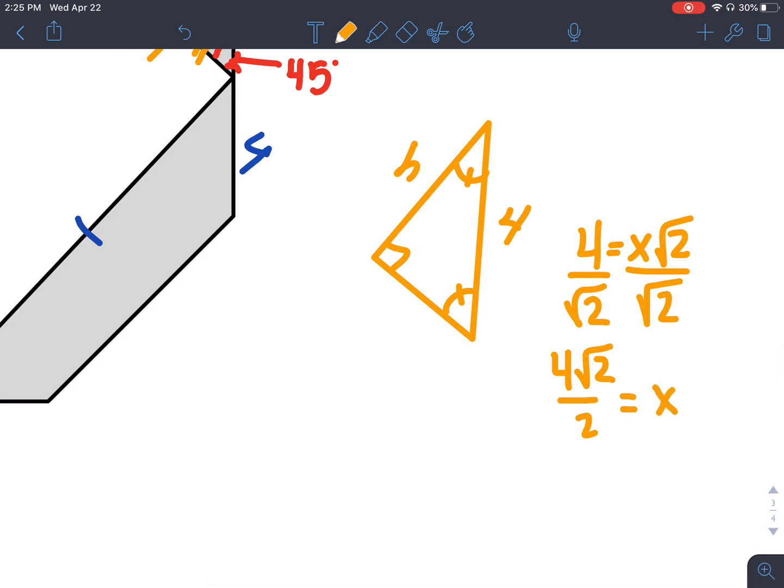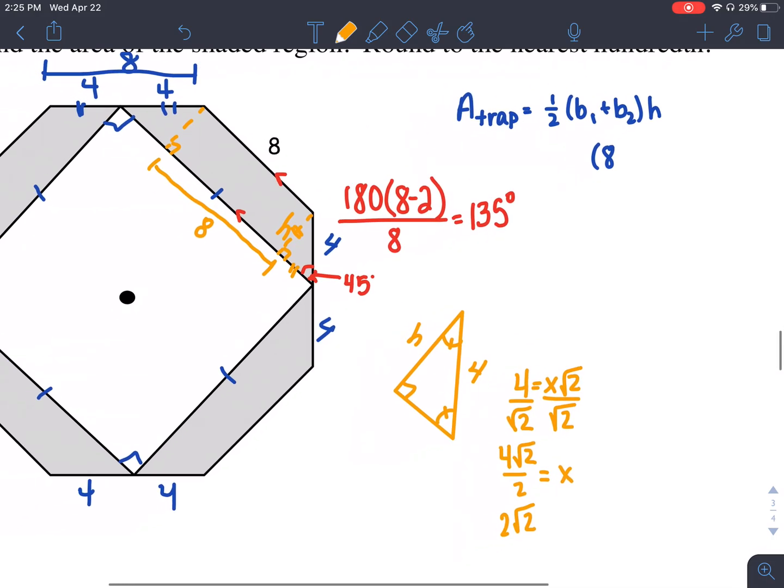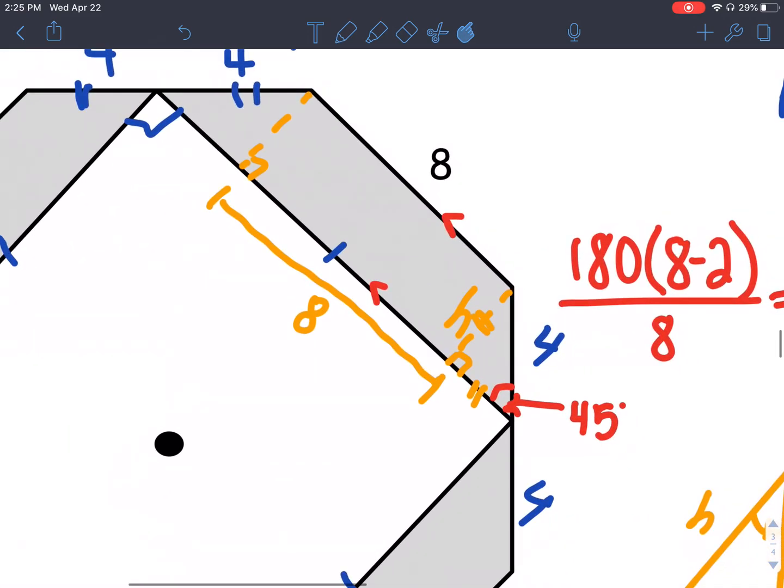Which means my x, which is also the height, is 2 root 2. And since that is a 45, 45, 90, so an isosceles, I know my height is 2 root 2, but also that other piece of the base that I was missing is also 2 root 2.